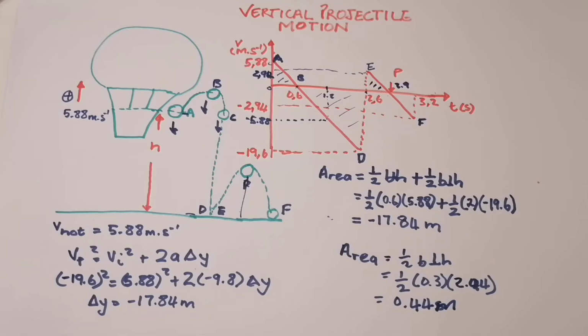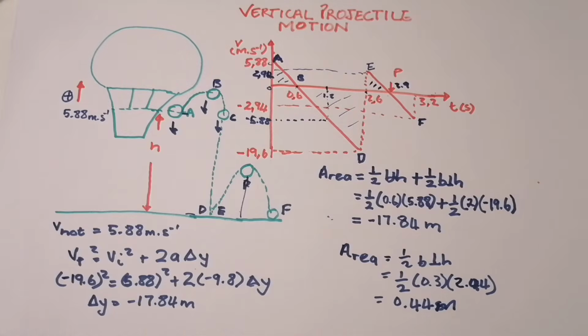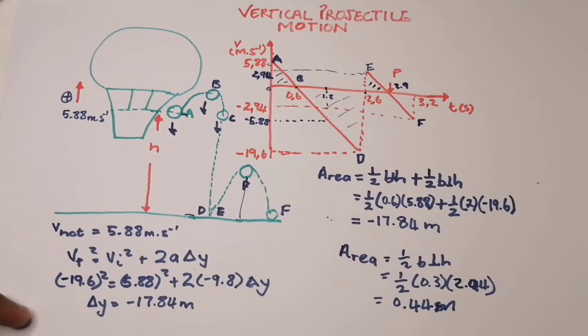And again, as I did say, you could have used the second equation and said, okay, my final velocity would be 0, my initial velocity would have been 2.94, and gravitational acceleration minus 9.8, and I bet you would get the same answer there. Okay, all right, now let's get to the conclusion.